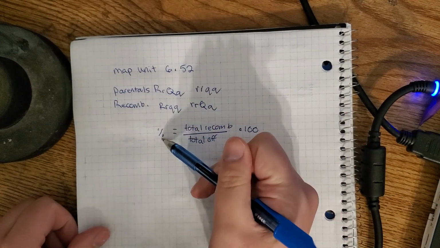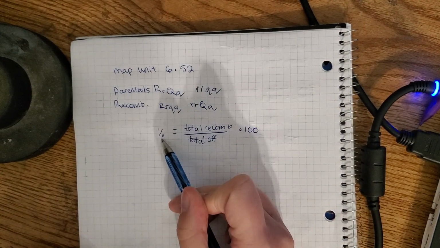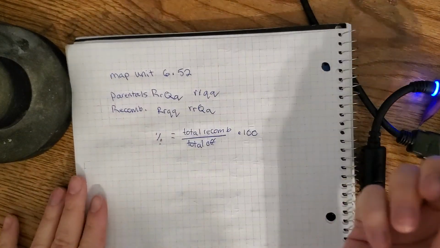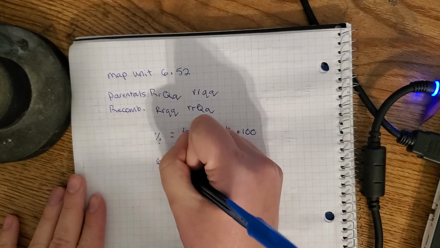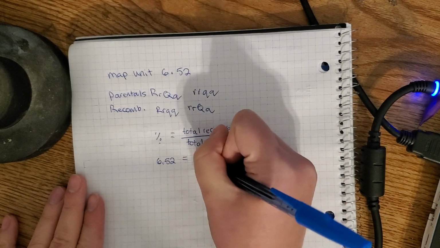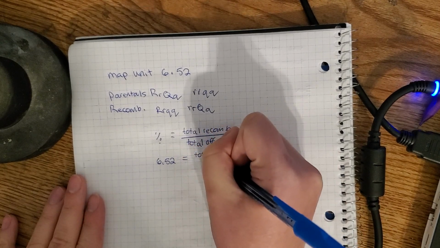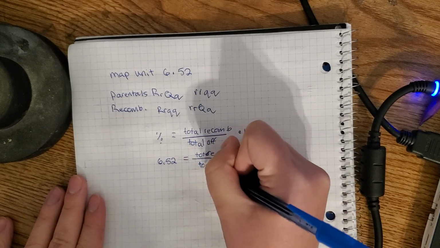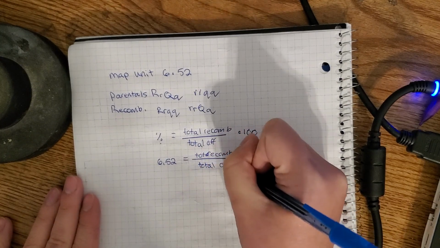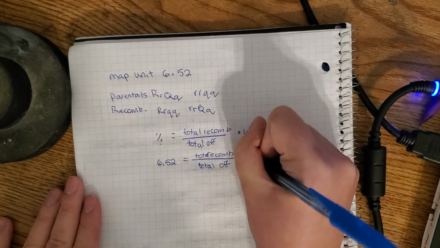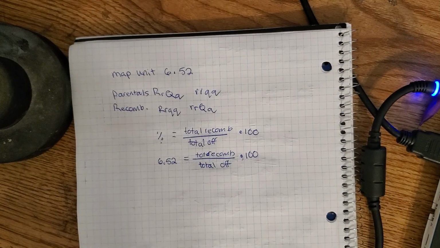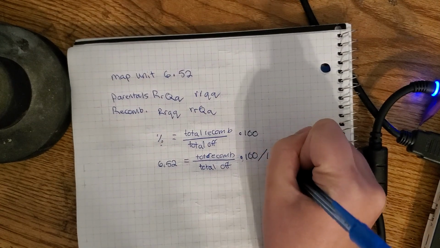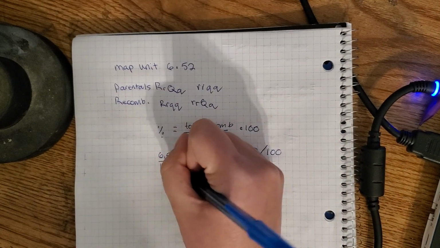Map units and the percent recombination are the exact same thing. So 6.52 right here equals the total recombinants over the total offspring times 100. So the next step is to divide both sides by 100.